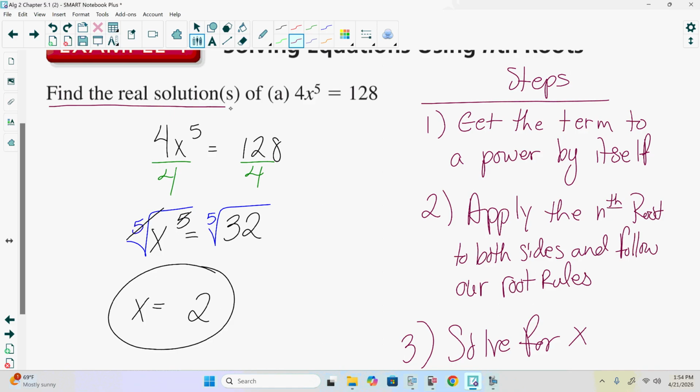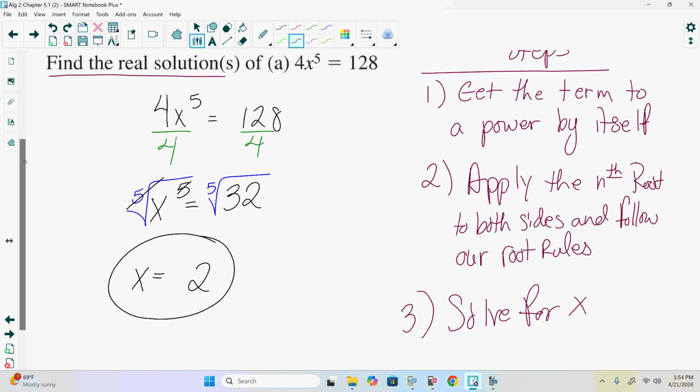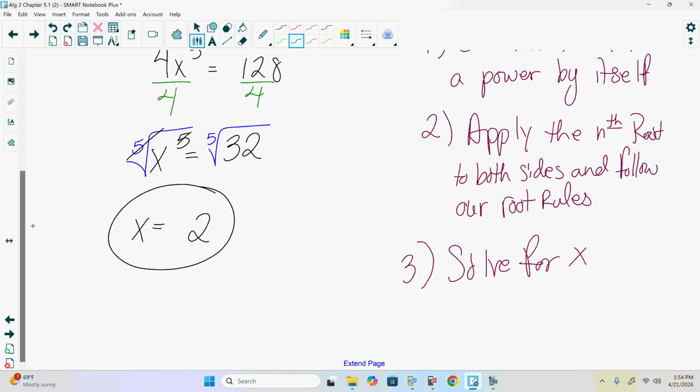They are non-real solutions. There are ways to find them. They involve more trigonometric, higher-level functions or equations we just don't cover yet. In most of the chapter, again, we're just looking at the real ones. And the only real solution here is that x is equal to 2. That's it. We're done. Questions on this here?